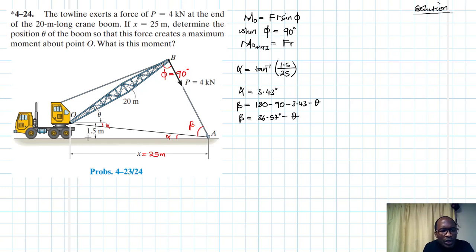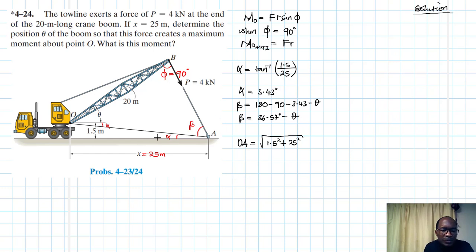So we can also find the length of OA using Pythagoras. The length of OA will be equal to the square root of 1.5 squared plus 25 squared. Great, so we have all the information that we need.